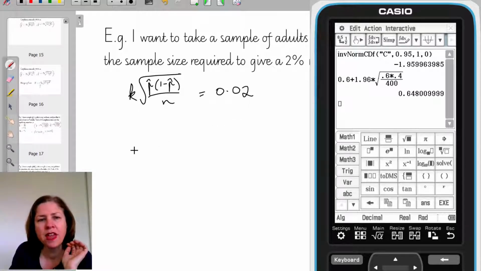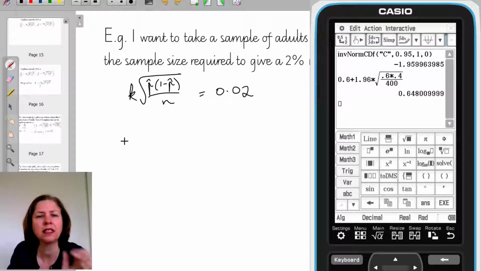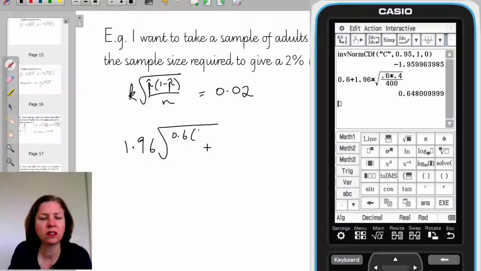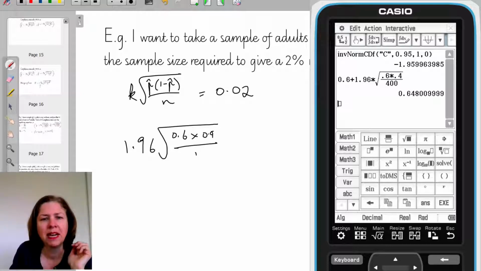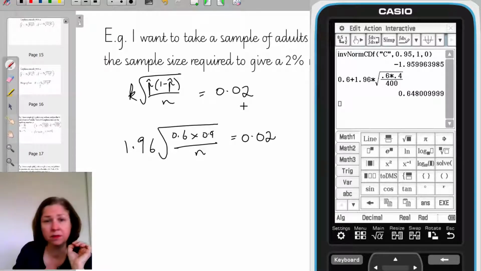Okay, so that means in this example, same question, I've got 1.96 for k, 0.6 times 0.4, but now I'm dividing by n. n is unknown. Okay, so this is going to give me a 2% margin of error because I've made that equal 2%.